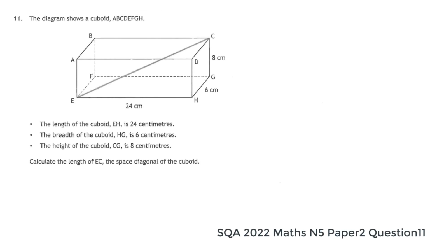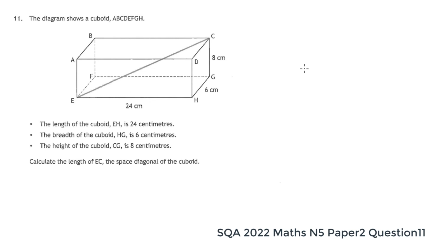So here's question 11. We're shown a diagram of a cuboid, A, B, C, D, E, F, G, H. And we're given the 3 dimensions of the cuboid, 24 by 6 by 8. And we're asked to calculate the length of the space diagonal EC.